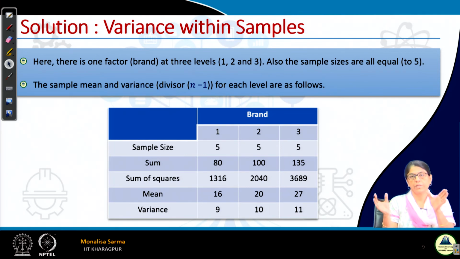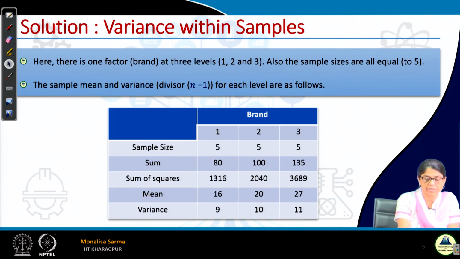Suppose we have 3 treatments, then the treatment mean of sample 1 minus grand mean, plus treatment mean of sample 2 minus grand mean, plus treatment mean of sample 3 minus grand mean, of course squared. So, that is the sum of squares between treatments. So, it is always better if you have two columns, sum of squares within groups and sum of squares between groups.